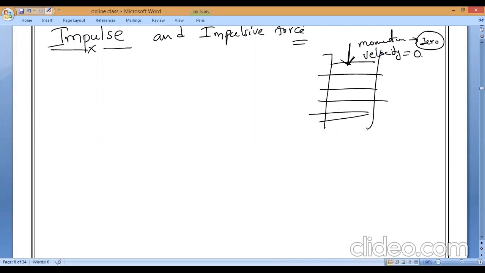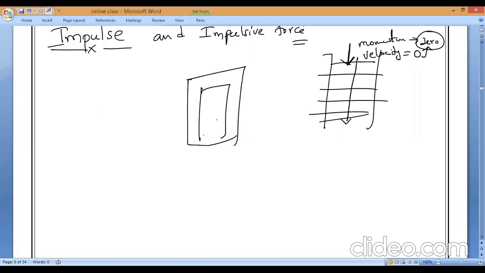If velocity becomes 0, momentum becomes 0, and that force is passed to the tiles, so all the tiles will break.